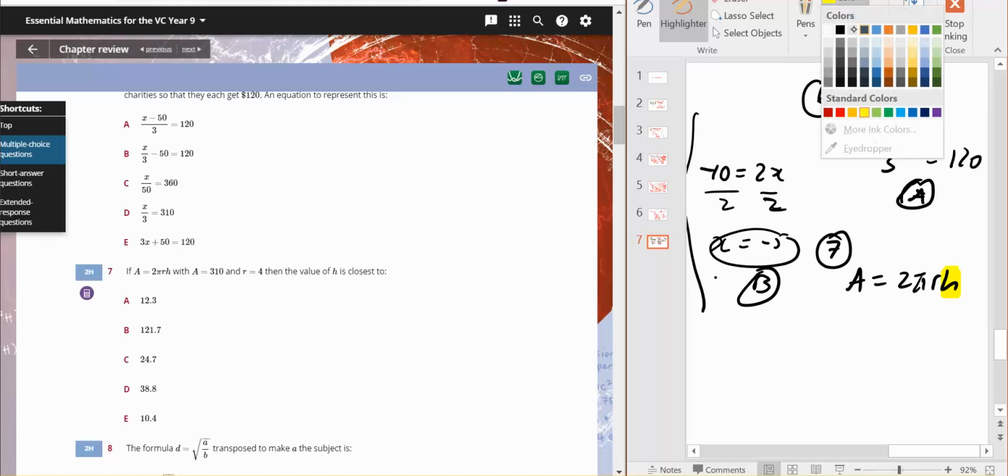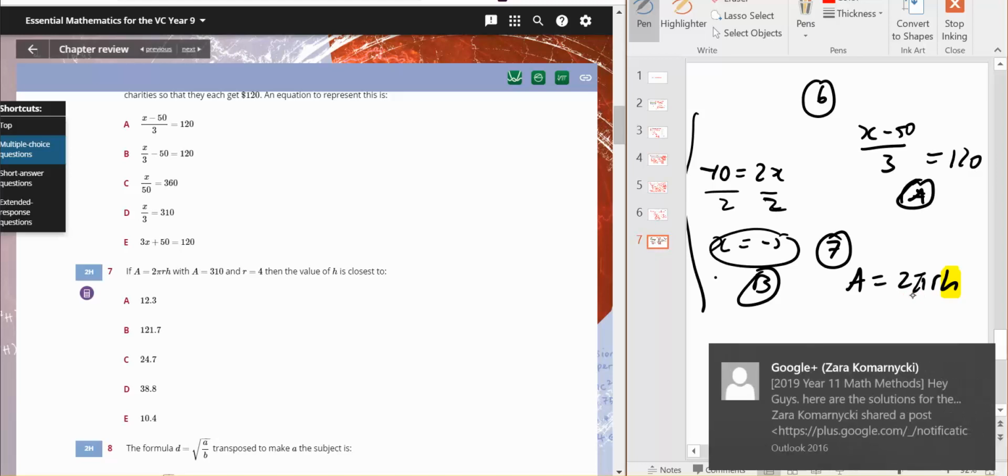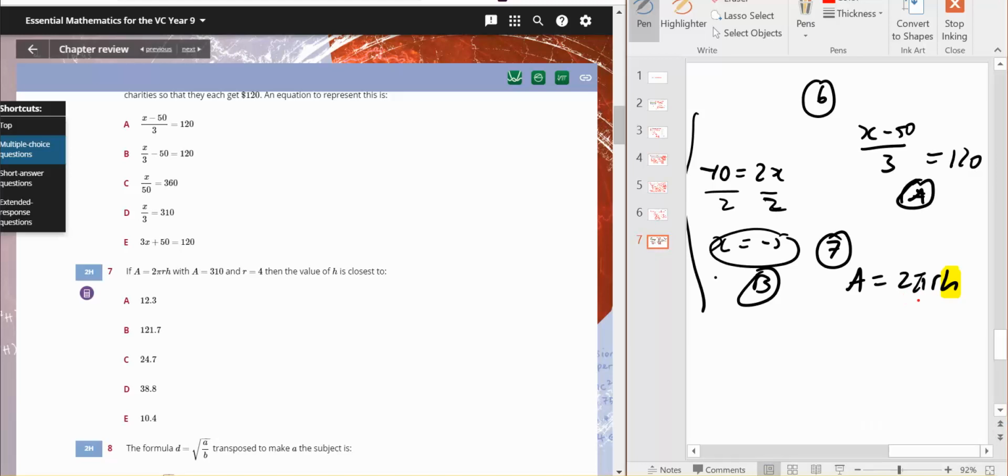I want h on its own. h is multiplied by 2, pi and r. Just assume pi is like another letter. To get rid of all three terms, I divide both sides by 2 pi r. These cancel, so I'm left with h equals A divided by 2 pi r.